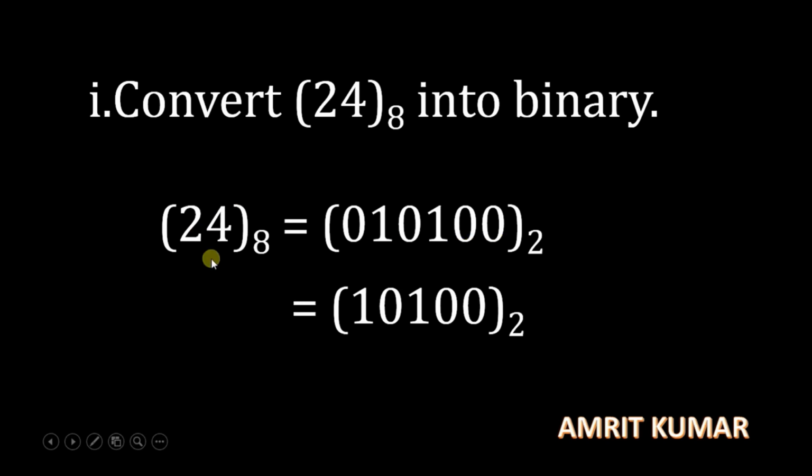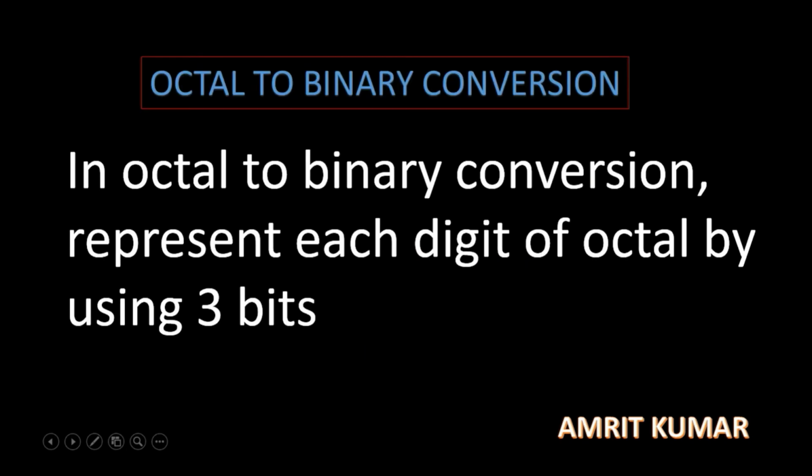Because one digit is represented by 3 bits, that is what the concept is saying: if you want to convert an octal number into a binary number, then you have to represent each digit of octal by 3 bits.